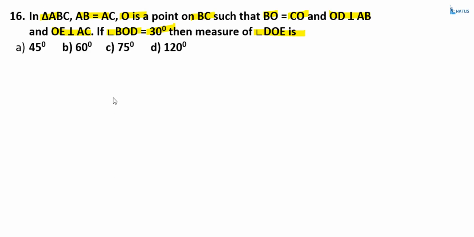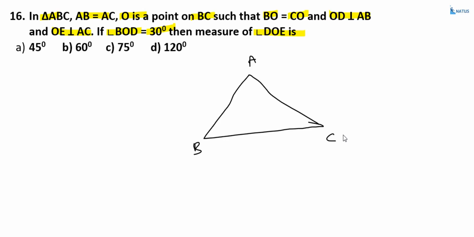Now, here one triangle like this, and this is A, B, and C. O is a point on BC such that BO equal to CO. That means O is the midpoint of this line.